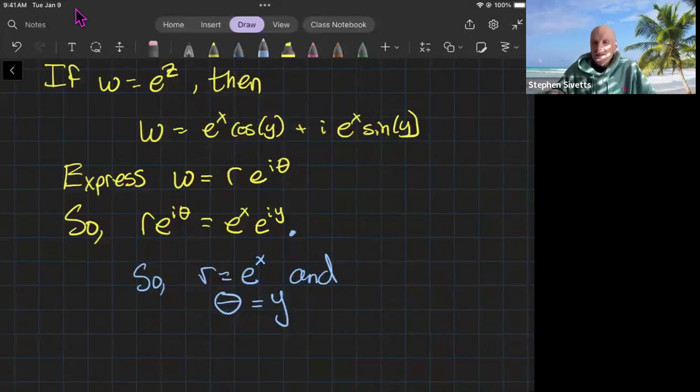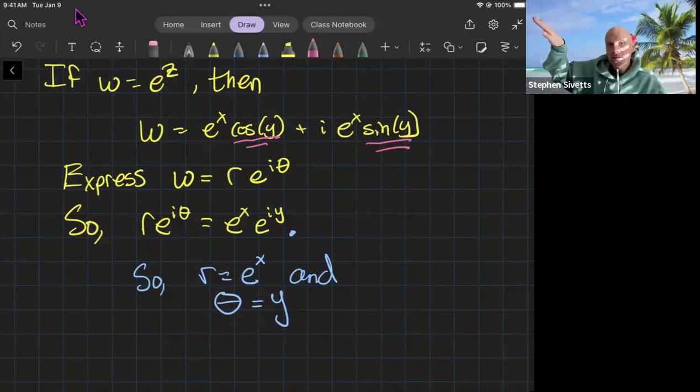But not only does theta have to equal y. By definition of the exponential function, we are dealing with two periodic functions, cosine and sine of y. If I have an angle y and rotate that angle by 2 pi radians, clockwise or counterclockwise, or any multiple of 2 pi radians, you would get the same result.